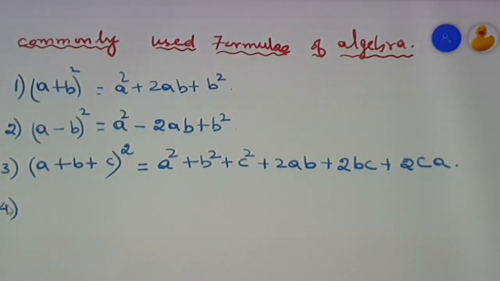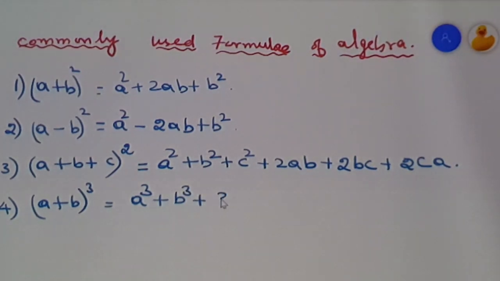The fourth one, let us consider (a plus b) the whole cube. From square, let us go for the cube. I can write the expansion as a cube plus b cube plus 3a square b plus 3b square a.